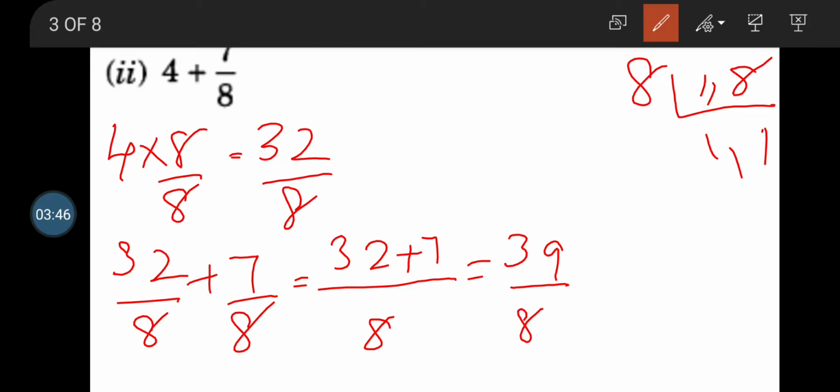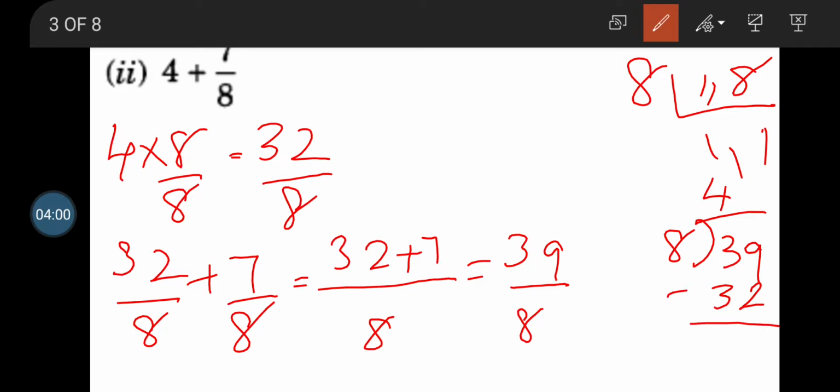So you will divide 39 by 8. In 39, how many 8s are there? You will have 4. So 39 minus 32 will give you 7 as remainder. So how to write it as a mixed fraction? You will write the quotient, the whole number, here.